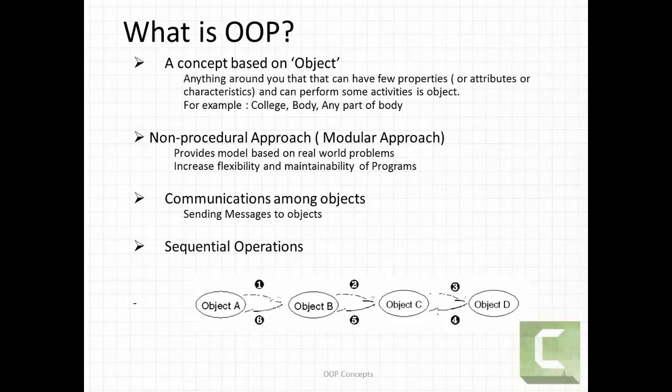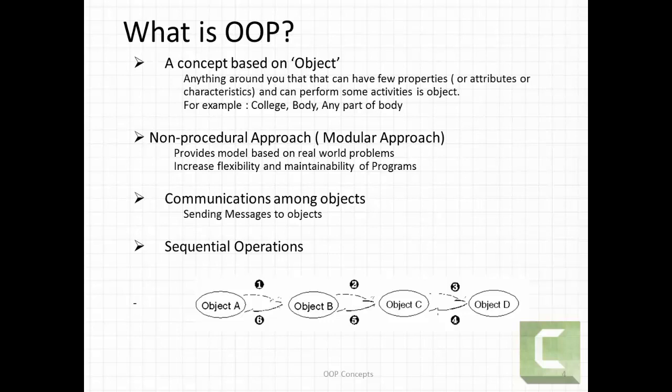If you are thinking of a big problem, a big project, or a big system, you can divide the whole system into different modules. Object-oriented programming gives you the opportunity to think in the direction of modules. So the modular way will help you achieve things easily.